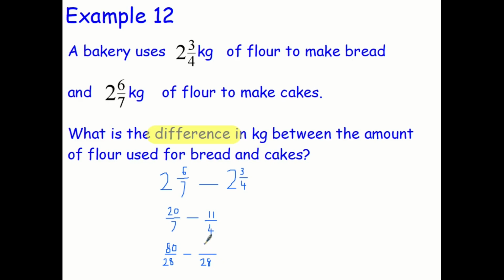So 11 gets multiplied by 7 to get 77. And if you do that subtraction, 80 take away 77 leaves you with 3/28 left over.